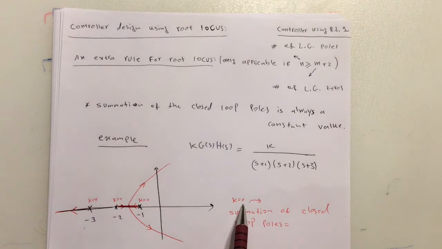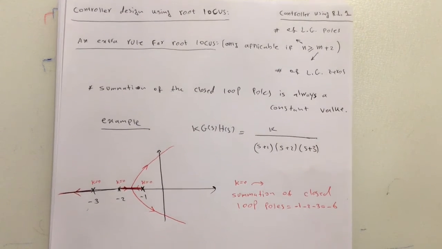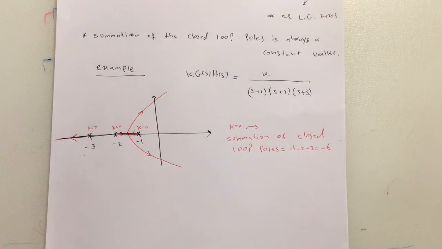Because as I said, when k is 0, the closed loop poles are the same as the open loop poles. So the summation of the poles would be -1, -2, -3, which would be -6. So the summation of closed loop poles when k is 0 is -6. And this -6 would be the same for any other value of k.